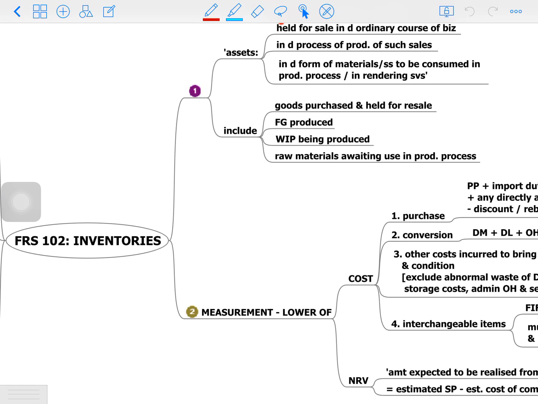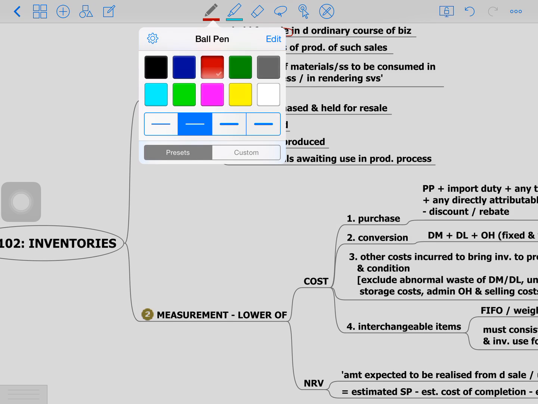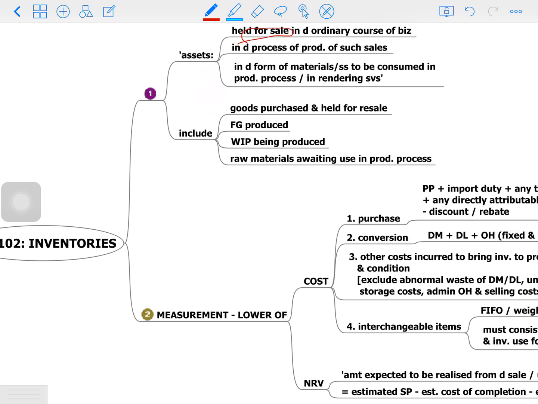Inventories is also assets held for sale. At the upper part here, it says held for sale, in the process of production of such sales.